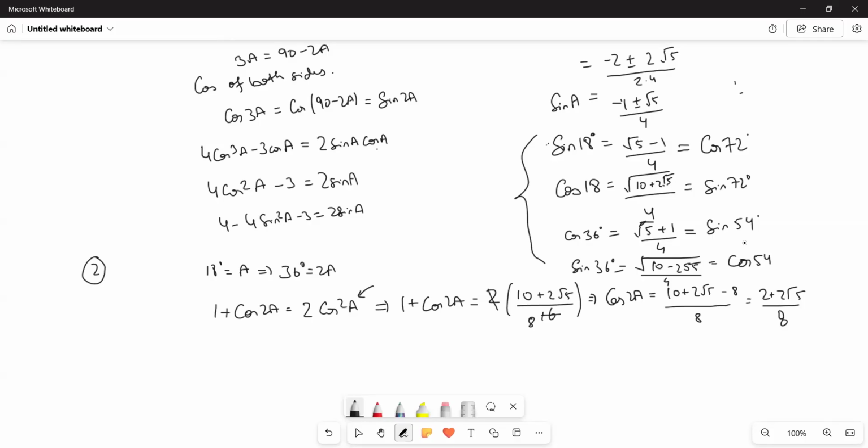सर ये आप 1 प्लस कॉस 2A इक्वल टू 2 cos square ही लिखे हैं ना? हाँ, 1 plus cos 2A is 2 cos square A. ये मल्टीपल एंगल का फॉर्मूला. सर इसका फॉर्मूला मतलब वैल्यू याद करना पड़ेगा.